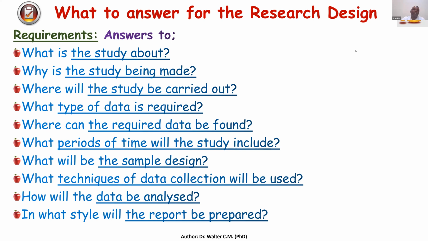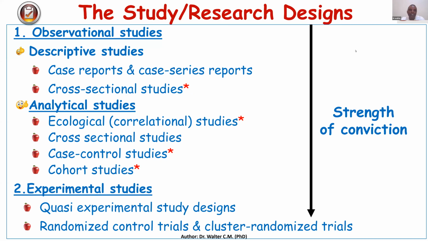So we have now the types or classes of research or study designs. Mainly at basic level, we have two classes or categories of research or study designs. We have observational studies and we have experimental study designs. Experimental, sometimes they are called action researches.